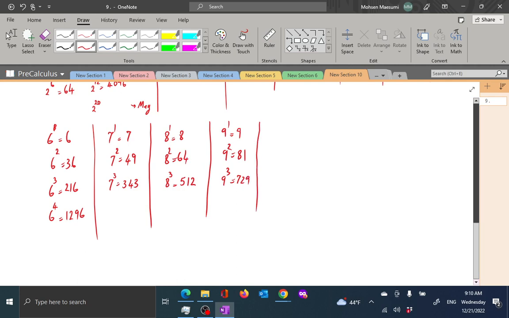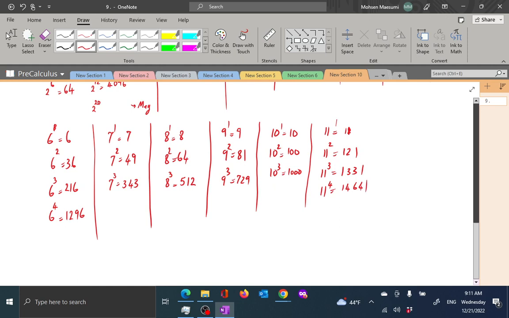Of course, the easiest one is for 10, because you just increase the number of zeros. Okay, so that's easy. 11 sometimes comes up. 11 squared is 121. 11 cubed is 1331. 11 to the power of 4 is 14641.